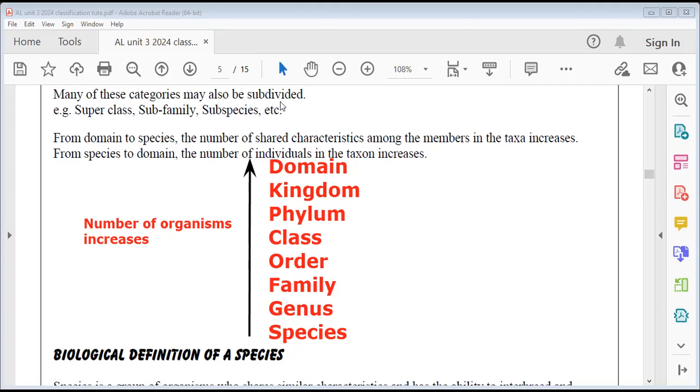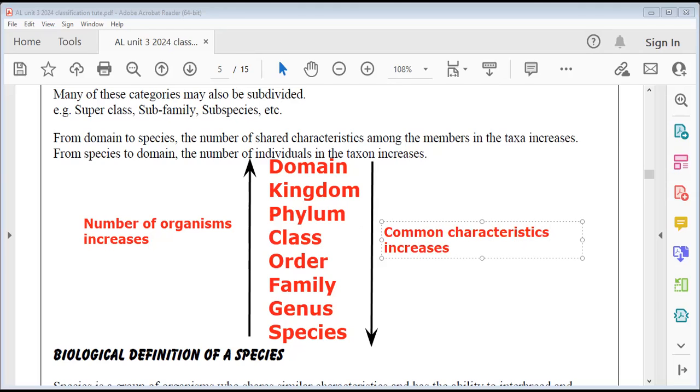On the other hand, if you travel from domain to species, here the common characteristics increase. In the order, human and monkey are together. In the class, human and dog are together.